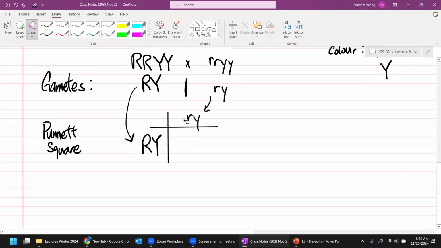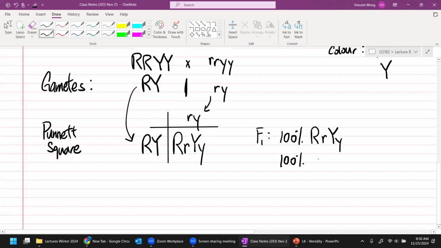Now, when I put the gametes together, the same letters have to be grouped together, okay? And capital always goes first. Big R, small r, and big Y, small y. That's all. Which means F1 will be 100% big R, small r, big Y, small y.